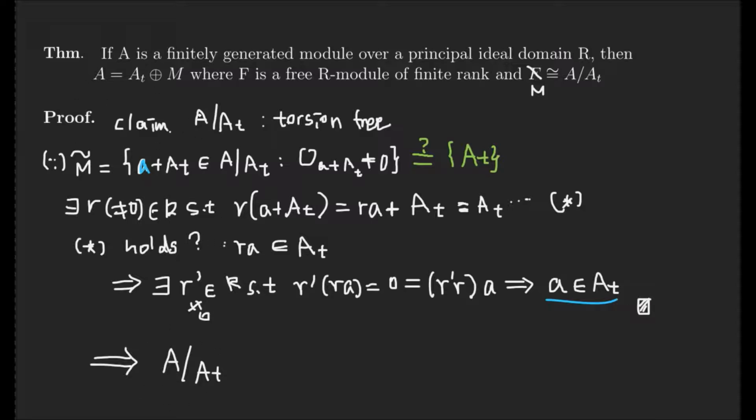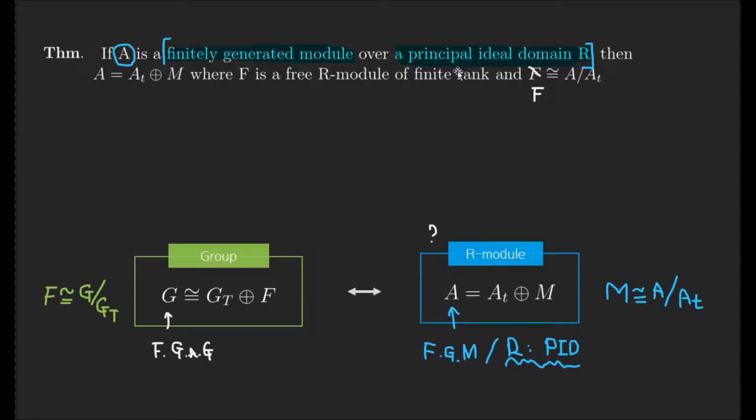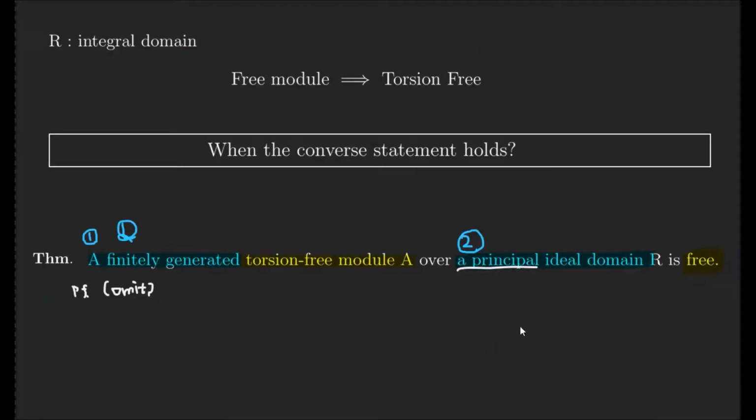And if this is torsion-free, then this is a free module. Why? In the previous theorem, a finitely generated torsion-free module over a principal ideal domain R is free.